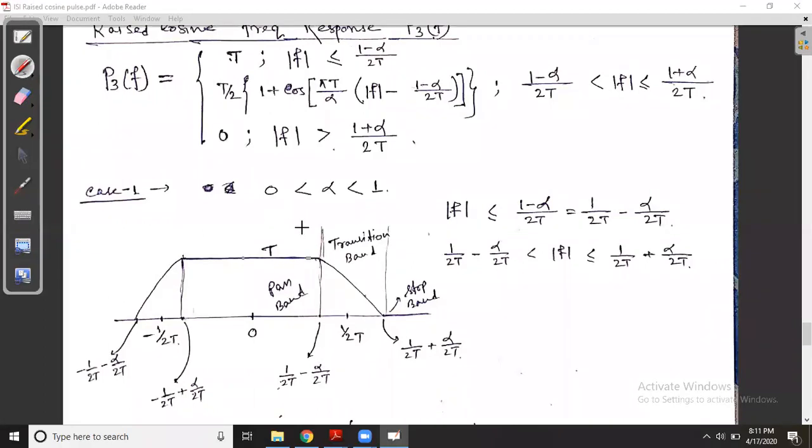First condition we are taking, case 1, the value of alpha is in between 0 and 1, whatever the value is.